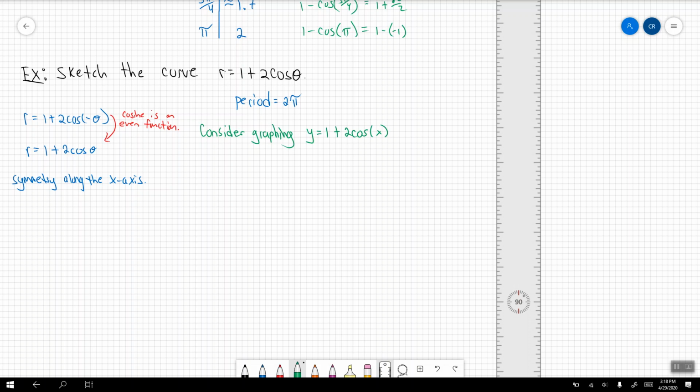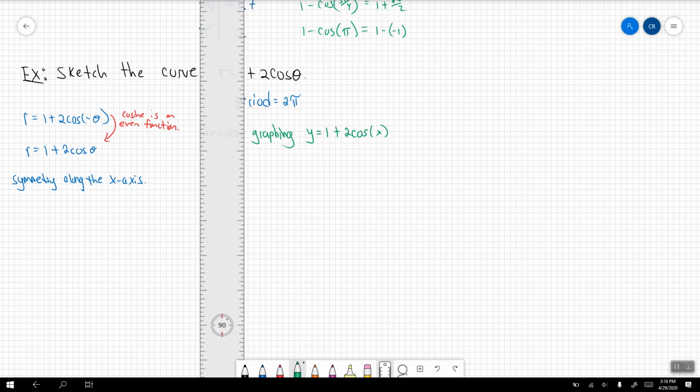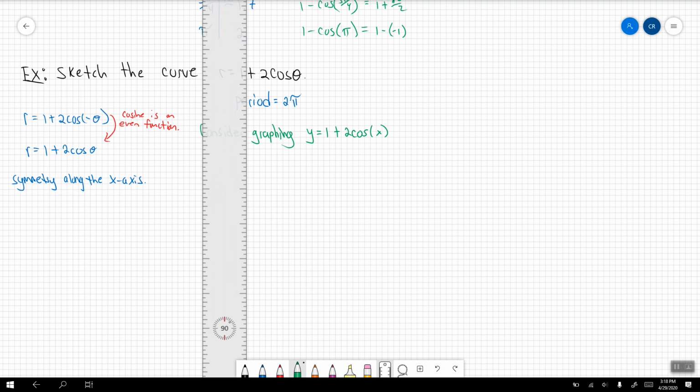So consider graphing this function instead. Again, I'm still looking for my period just to be from 0 to pi. So that's not going to change.